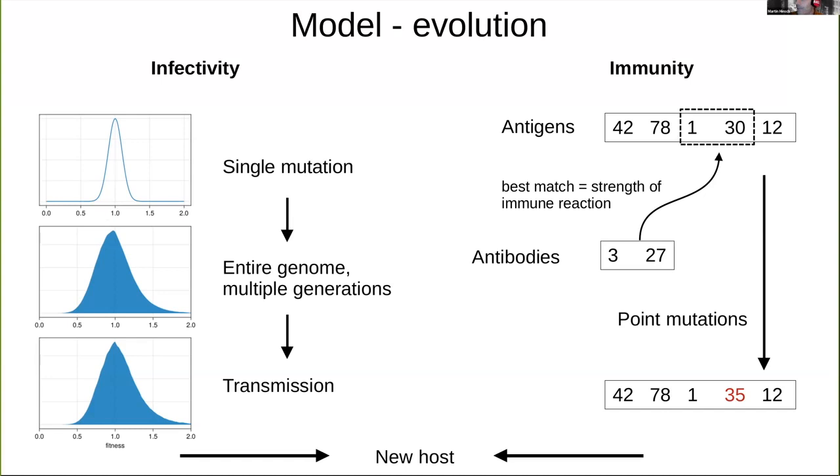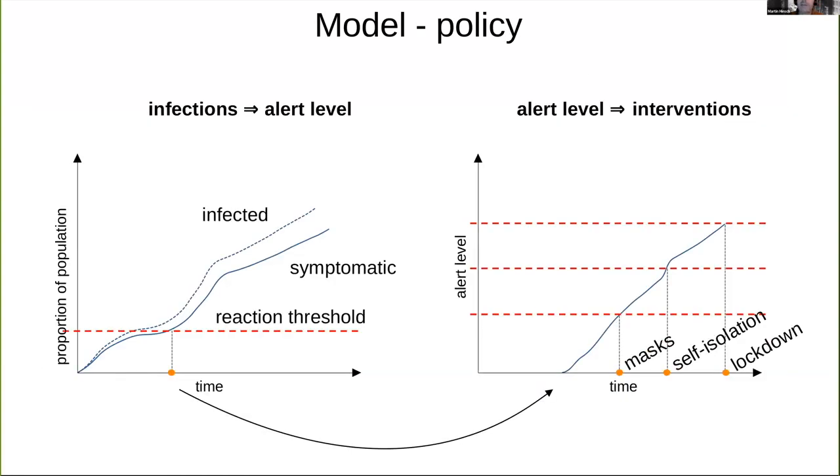Now, the population reacts to this kind of situation by possibly implementing policies. That happens by simulating essentially a level of alertness or alarm in the government or local authority or whatever it is we're simulating.